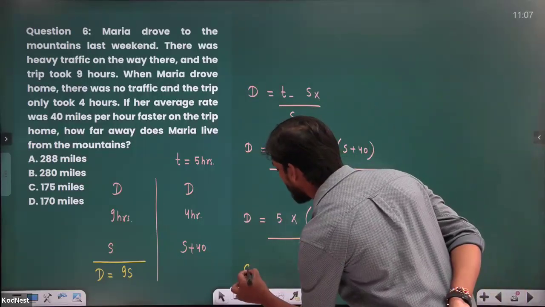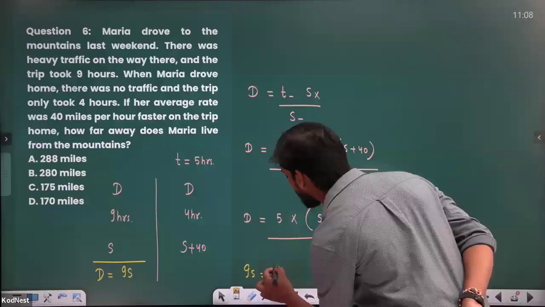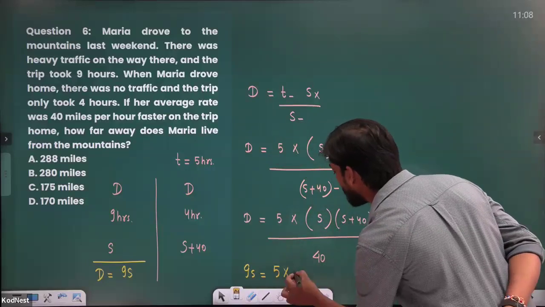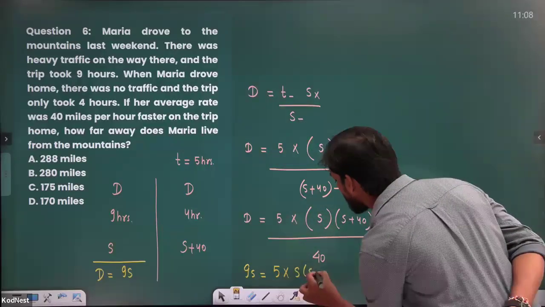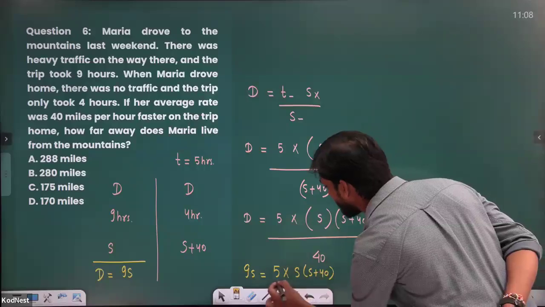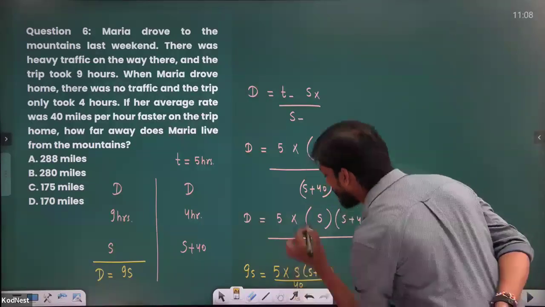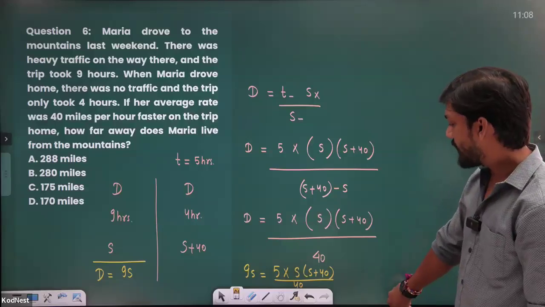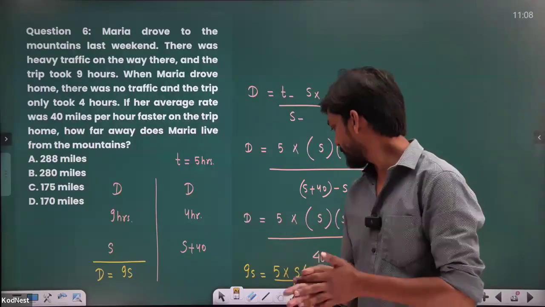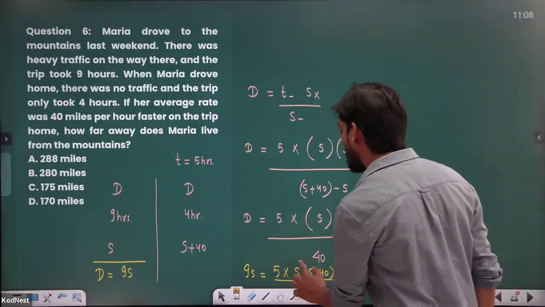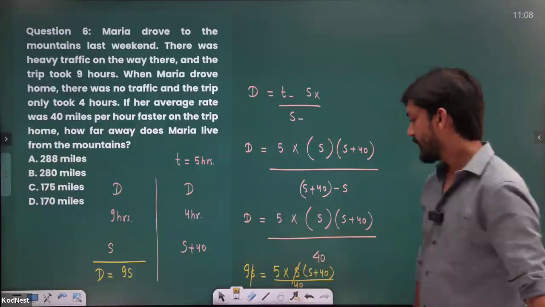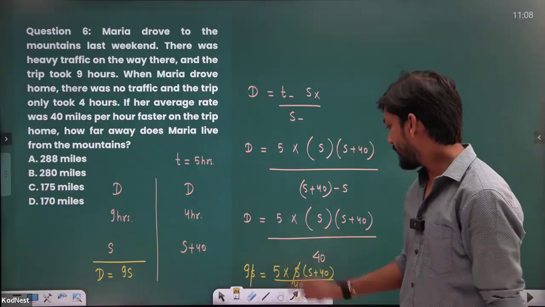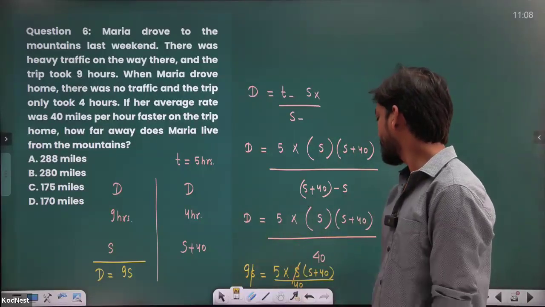Then you can solve. 9S equals 5 into (S plus 40) divided by 40. Now solve it, please. What answer will you get? S will cancel out. Solve it. 5 into 8, 8 nines are 72.